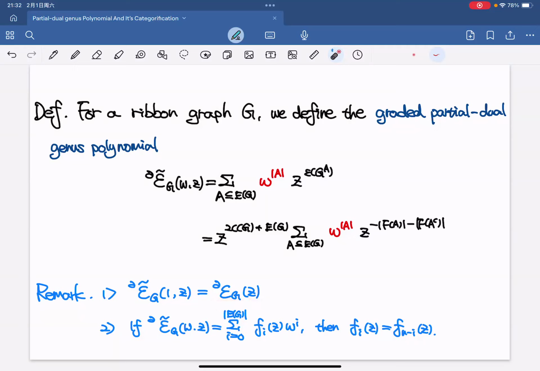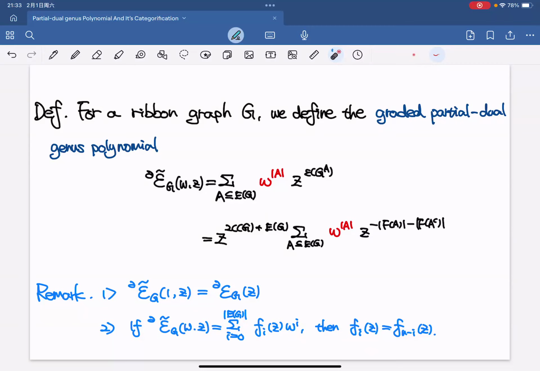It is also interesting to point out that if we write the graded partial dual genus polynomial in this form, in powers of w, we can regard the coefficients as polynomials in z. There is some symmetry about the coefficients: F_i is equal to F_{n-i}.